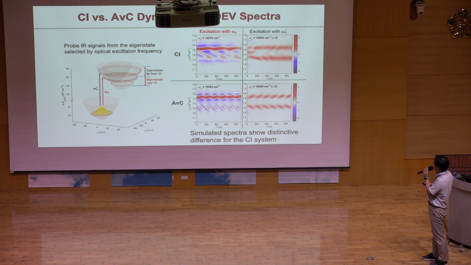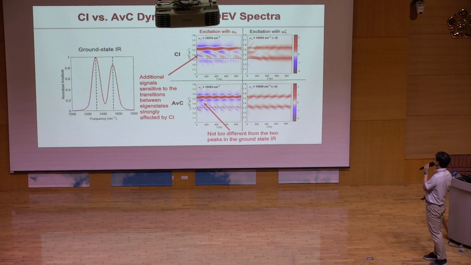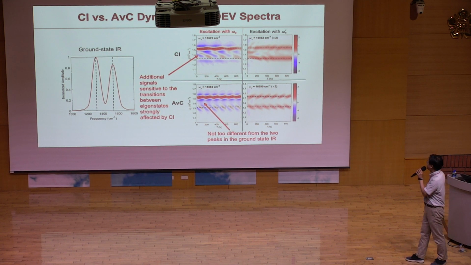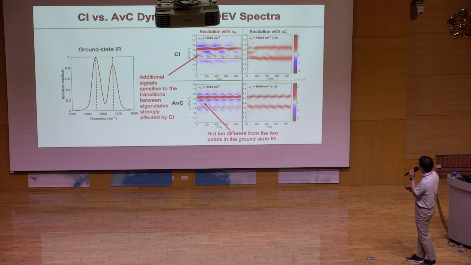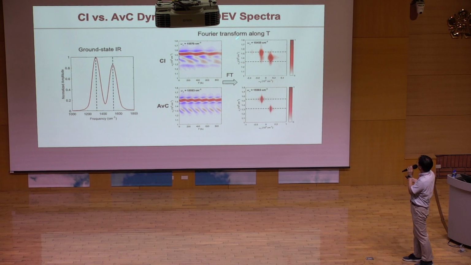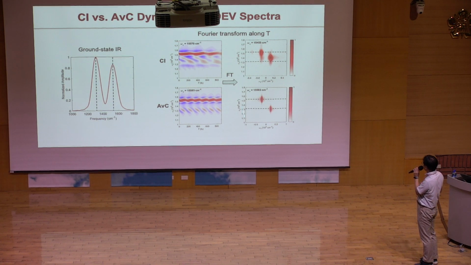In the avoided crossing system, you see a simple vibration. But here is totally different. So very drastically different results can be revealed by this kind of dynamical map. We can further Fourier transform along this waiting time to get the frequency correlation map.